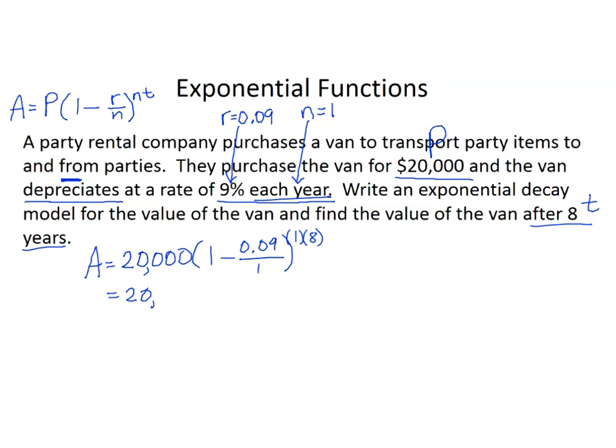And now let's calculate it. So I have 20,000 times 0.09 over 1, which is the same as 0.09, so that's 1 minus 0.09, which is 0.91, raised to the 8th power. All right, so now I'm going to use my calculator. I've got 0.91 raised to the 8th. It comes out to be a very long decimal, so I'm going to do a bit of rounding.